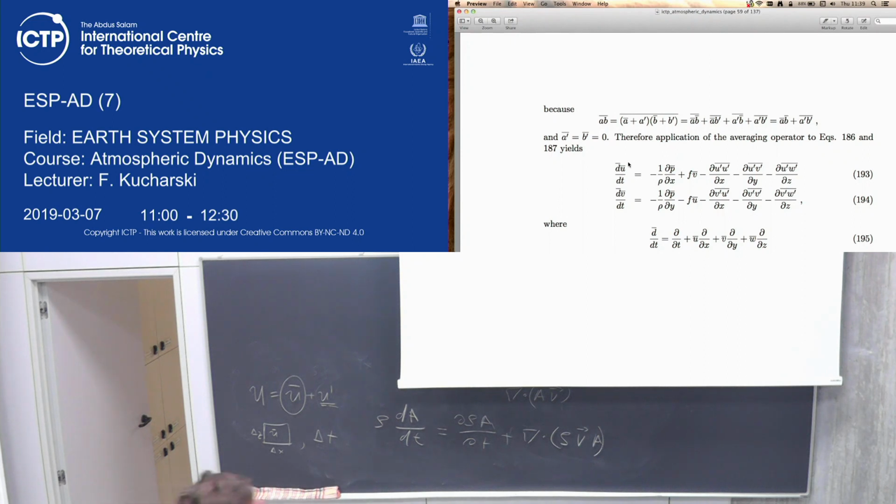So if you want to formalize this, this would be of course the three-dimensional divergence operator applied to u primed and the full three-dimensional velocity. So it's a full three-dimensional divergence here.